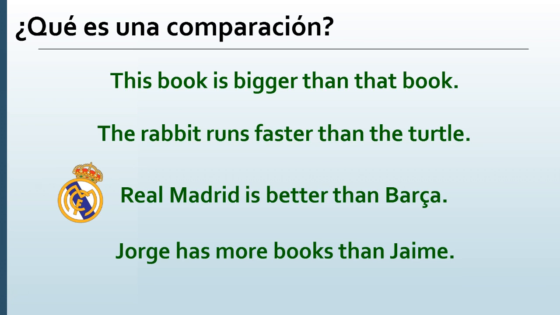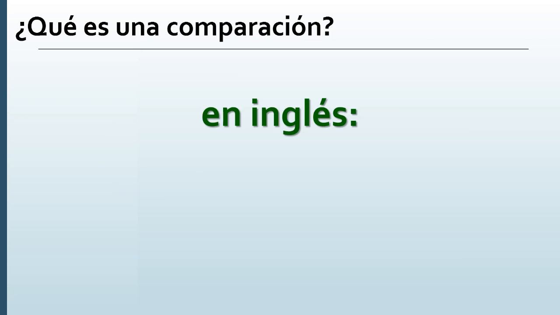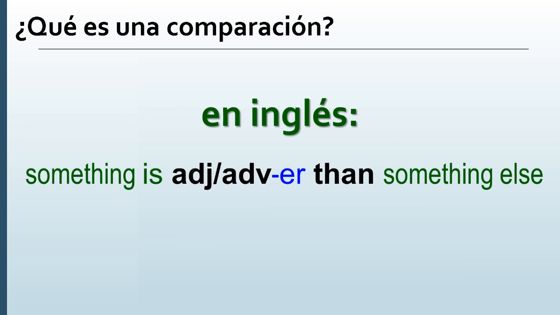Bien. Entonces, en inglés, we're really just doing this. Something is. Sometimes it's something does something. So, for example, going back to the rabbit and the turtle, we said the rabbit runs faster. So in that case, it would be the verb as opposed to is.